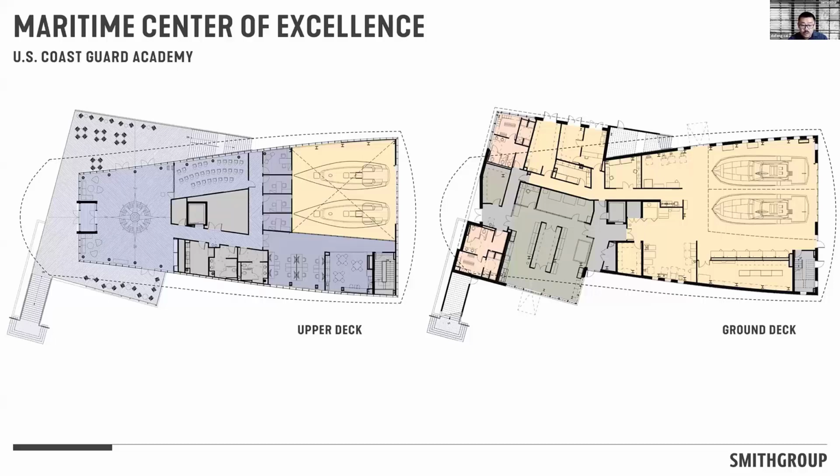The main body of the building is oriented due north because the North Star has a very special meaning for the Coast Guard. On the ground level, there's a double height boat shop on the backside, a science engineer lab, and multiple labs and shops for the waterfront operation. The ground level is angled to respond to the site, the driveway, and the waterfront bank, creating a sense of arrival and also helping anchor the building to the site.